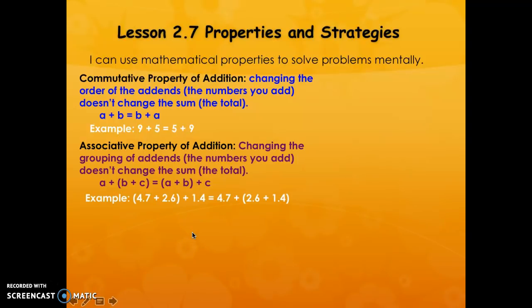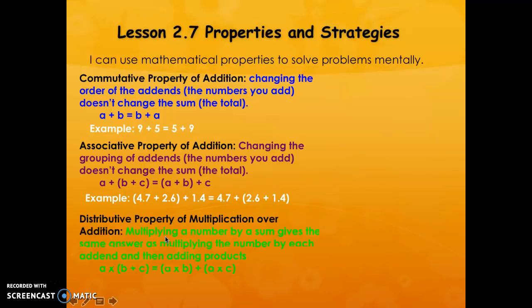Let me show you what I mean. So in this decimal problem, we have 4.7, 2.6, 1.4. Same thing over here, 4.7, 2.6, 1.4. It doesn't matter if we add the first two first or the second two first. We're going to get the same answer.